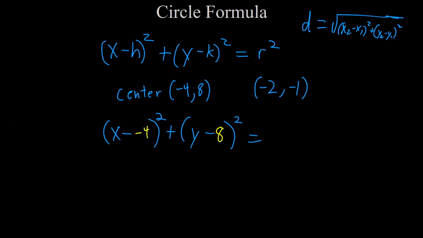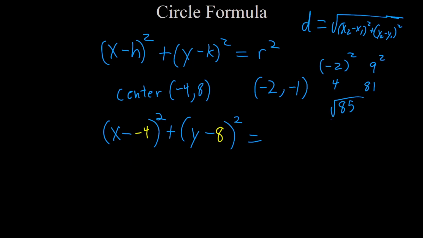So let's do −4 minus a −2, which is −2. Square that and get 4. 8 minus −1 is going to be 9. Squared is 81. 4 plus 81 is 85.